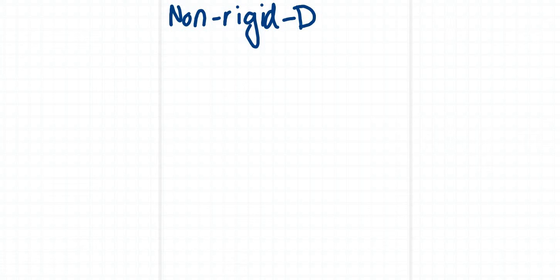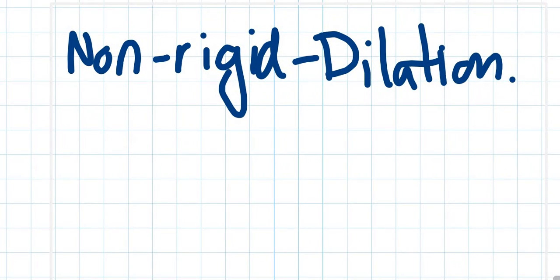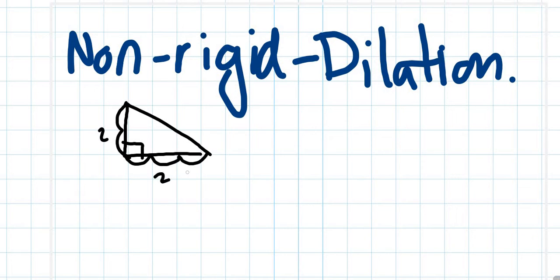Then you have what's called a non-rigid transformation. And there's only one, and it's called a dilation. Dilation is when you change in size. So let's say I have this triangle, and notice it's 2 units by 3 units.